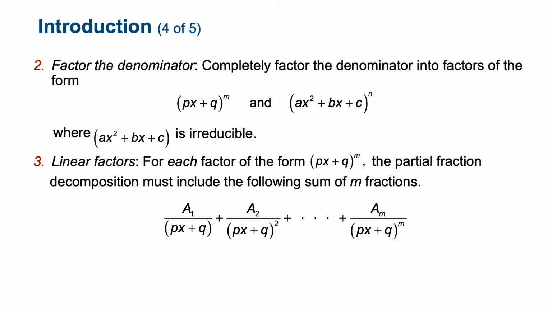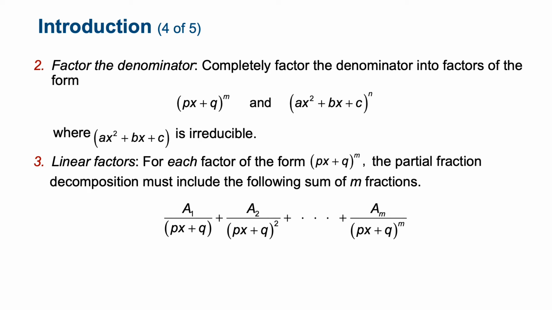So when we factor, we either have linear factors, quadratic factors, or a combination of both. And when you have linear factors, the partial fraction is going to include the sum of these fractions.